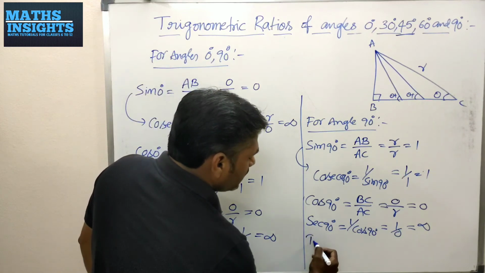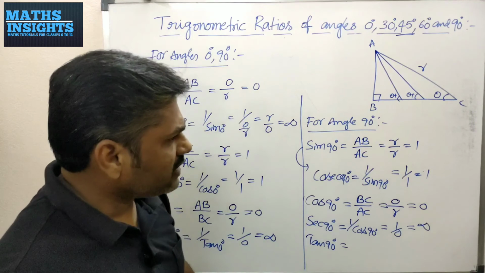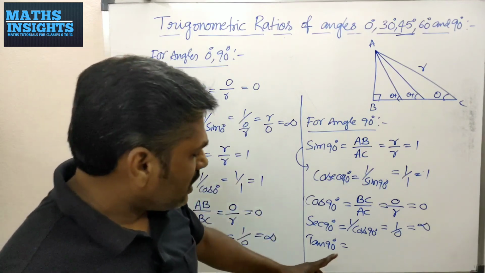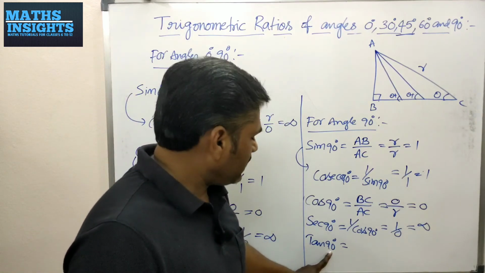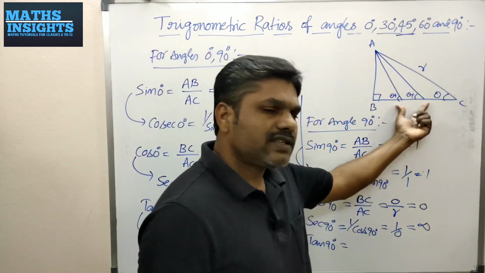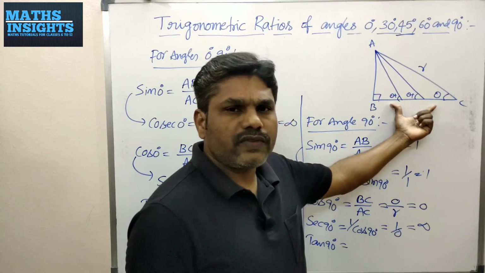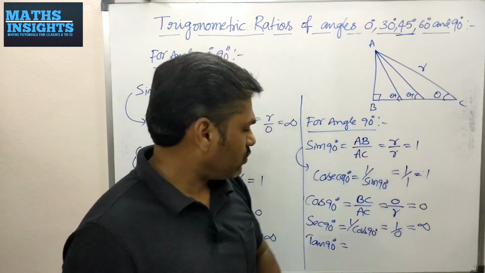Next one is tan 90. Tan 90 is actually side opposite to 90 by side adjacent to 90. If you want to make this angle 90, then the value of this side BC will become 0.